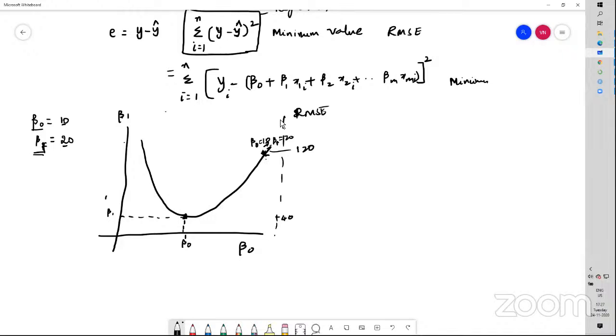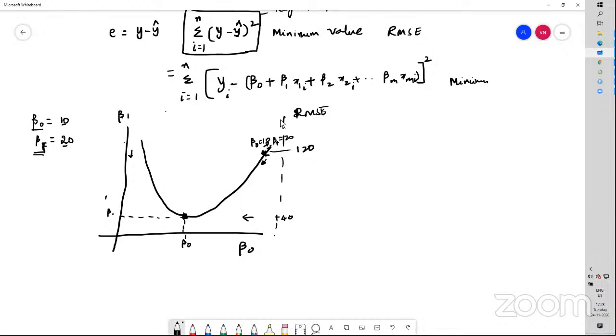When we decrease the beta naught, we are moving in the other direction, and RMSE is decreasing. Which direction do we want to move? We want to move towards the minimum. So beta naught has to be decreased and beta 1 also has to be decreased. If we decrease both beta naught and beta 1, we will move towards this minimum point.